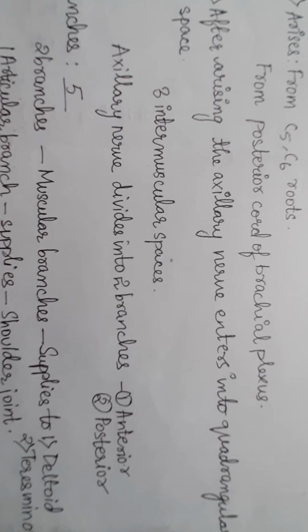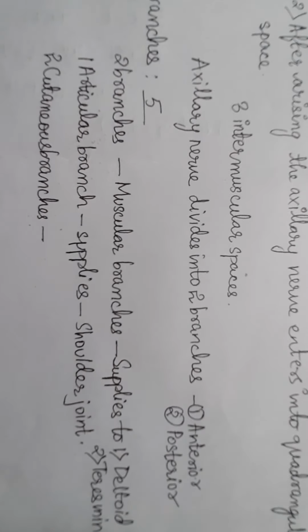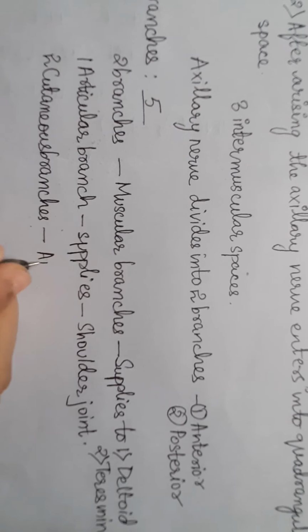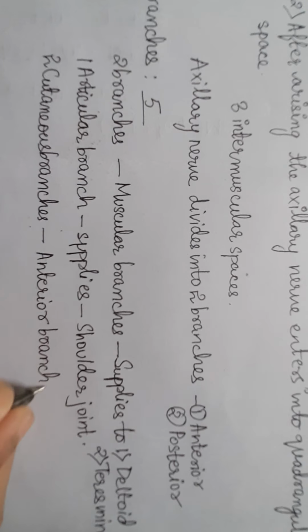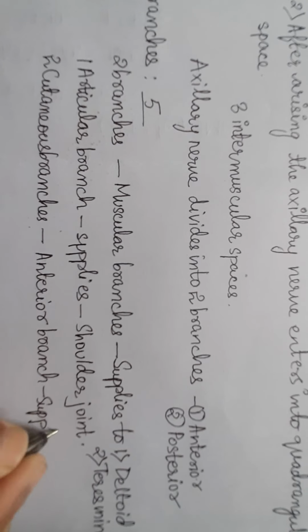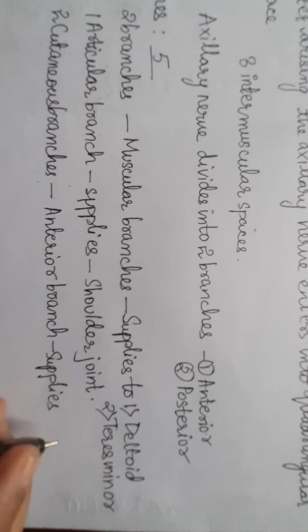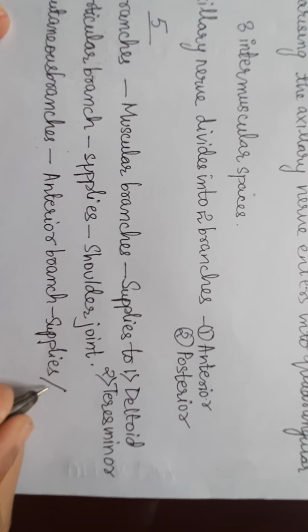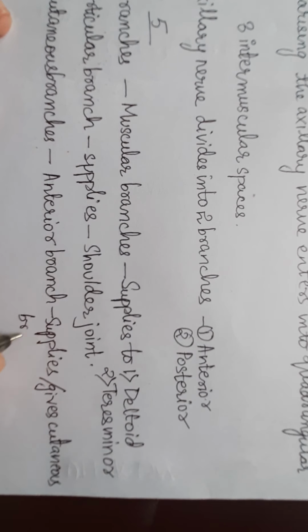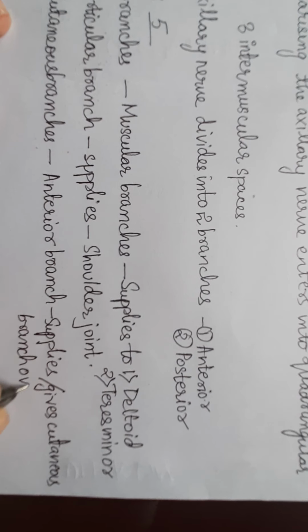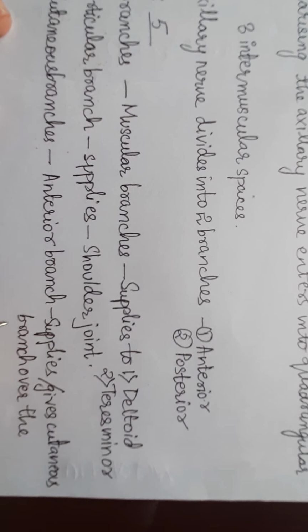As we know, the axillary nerve is divided into two branches, anterior branch and posterior branch. The anterior branch of the axillary nerve gives a cutaneous branch over the skin of the deltoid.